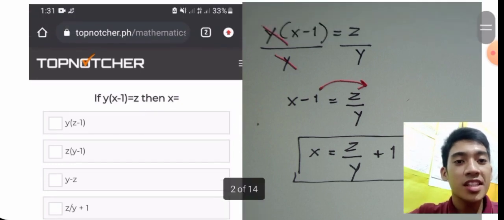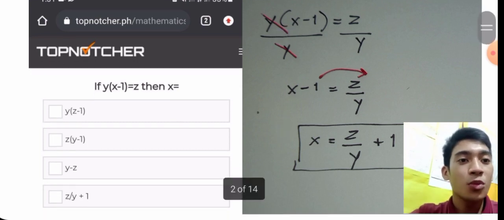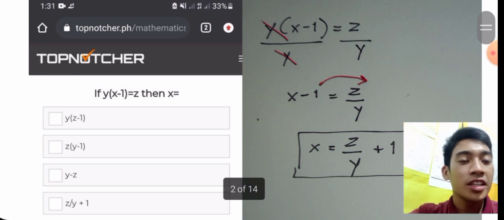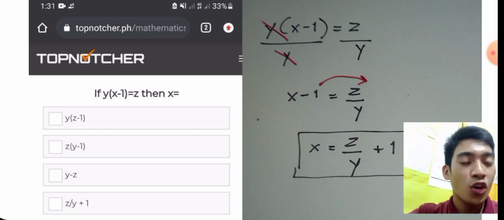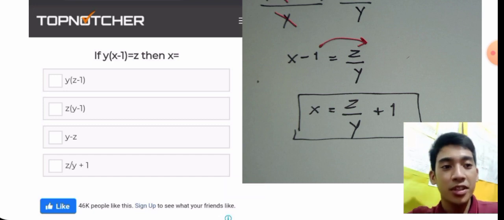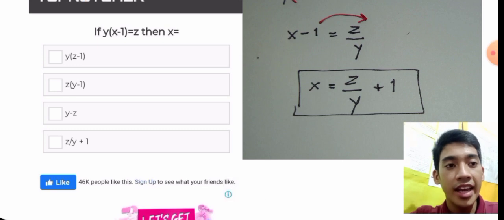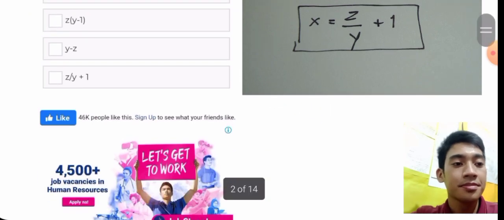The solution is to simply divide both sides by y, cancel y, so it becomes x minus 1 equals z all over y. Then transpose negative 1 to the other side to get x, so it becomes x equals z over y plus 1. That's the answer.